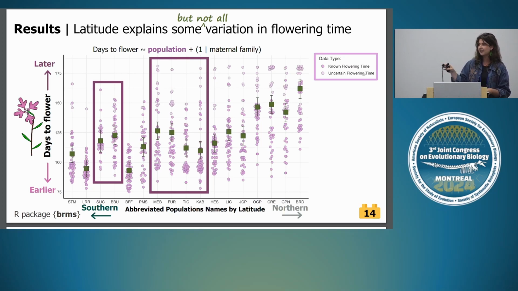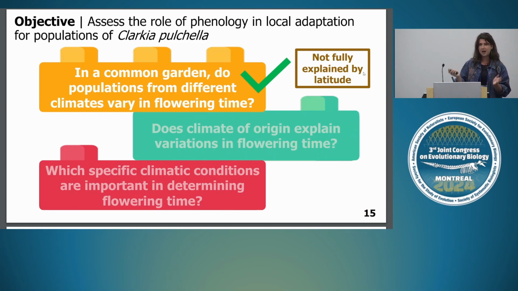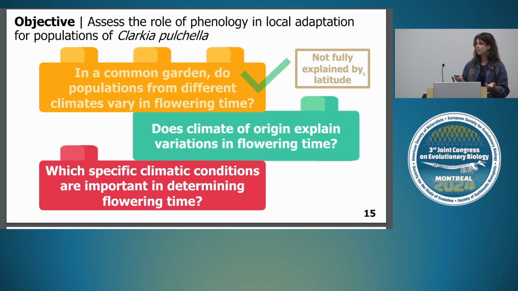Right now, I've just highlighted these 2 clusters of populations, and you'll see that they are not actually following exactly latitude, which may mean that there's something going on with climate. So now we see that there are differences in flowering time with these populations, and it's not being fully explained by latitude. Let's now look at these next 2 questions to see if we can find if flowering time does actually align with climate.